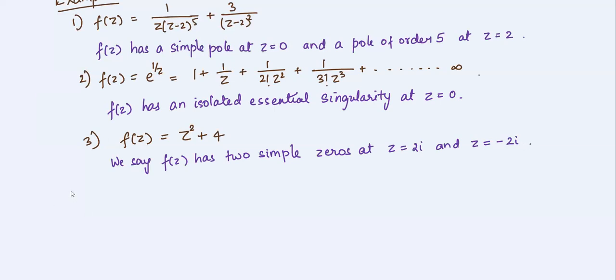That means we can factorize this as z minus 2i times z plus 2i, so each of them can be equated to 0. Now, the power of each factor is 1. Therefore, it is a simple zero because the power of each factor is 1.